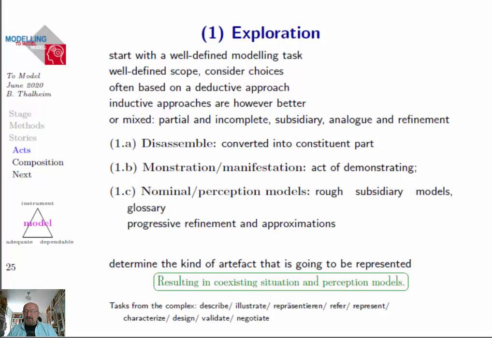That means it is some kind of monstration. And finally we use some perception or nominal models to get a rough subsidiary model based on a glossary, and of course in this case we can have at least a glimpse of what we want to have. All this is based on the task and the function a model should have within our utilization scenarios.